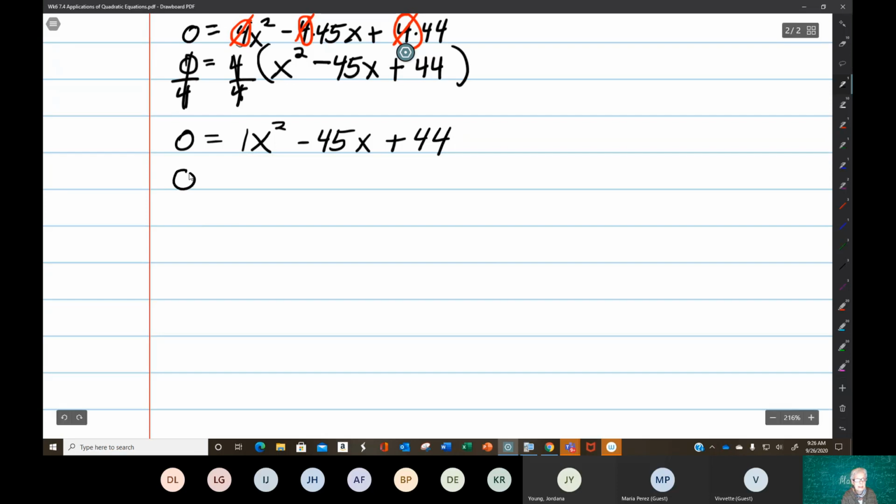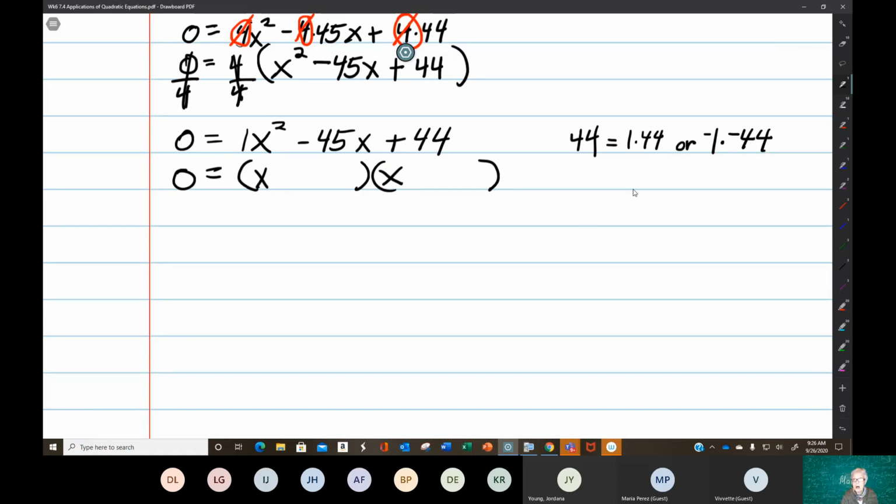All I have to do is this, and that is always true: if I can factor positive 44 into 2 numbers that add up to negative 45, and again, I can, because positive 44 equals 1 times 44, but as luck would have it, it also equals negative 1 times negative 44, and I know that negative 1 plus negative 44 is negative 45, so bingo!